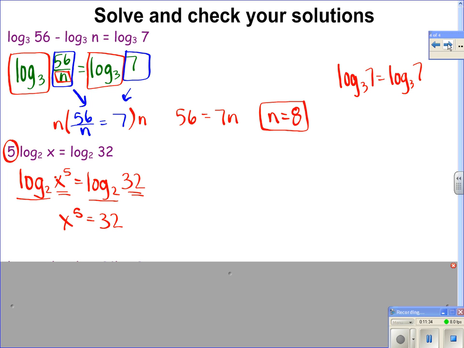Some of you can do this in your head and know what the value of x is, but in case you don't, we can raise both sides to the 1/5 power. We did this before, so the 5 and the 1/5 right here just become x to the 1st power, and 32, if you put that in your calculator, to the 1/5 power is 2.